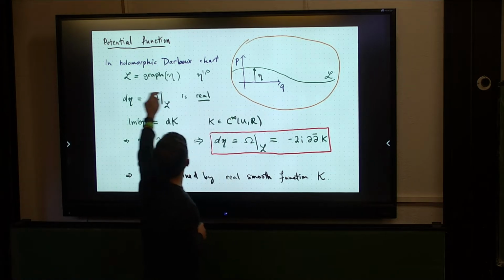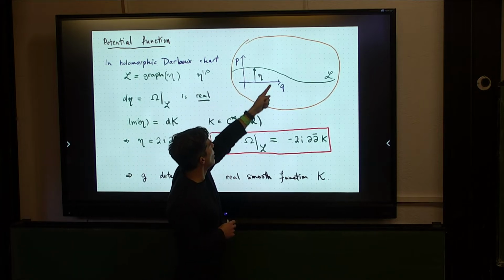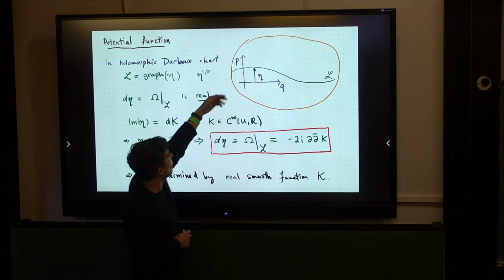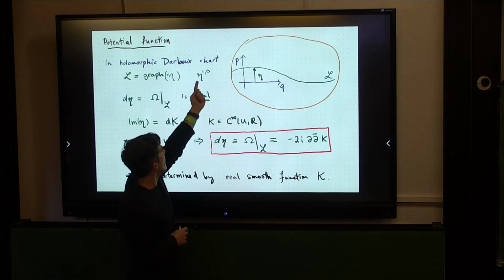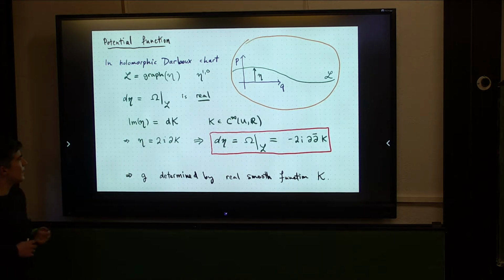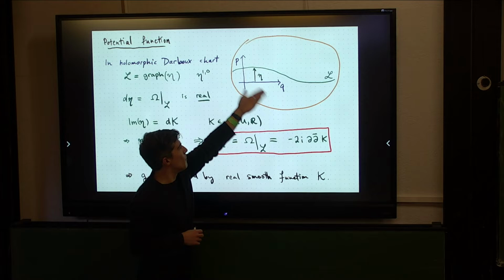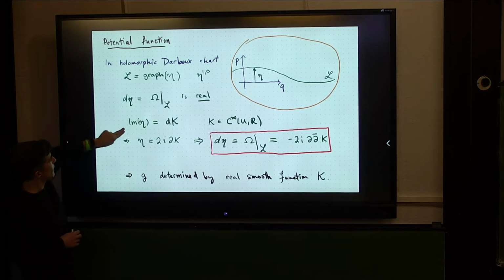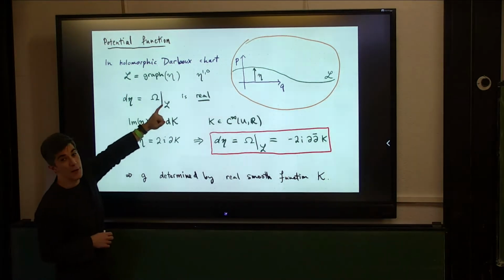You could think of the Darboux system as something like the holomorphic cotangent bundle of the Q space. And on that holomorphic cotangent bundle of the Q space, we have a section, eta, of type 1-0. And the derivative of eta is indeed the holomorphic symplectic form restricted to L, and it's real. So this means that the imaginary part of eta must be closed: d eta is equal to 0 in the imaginary part.